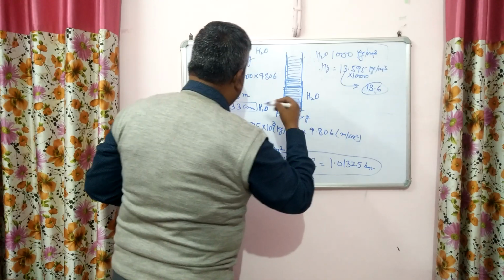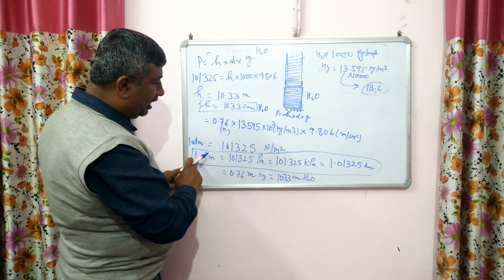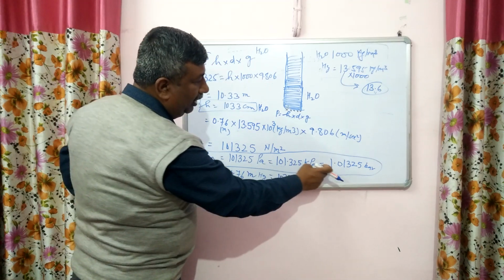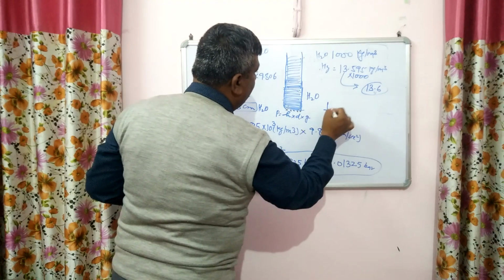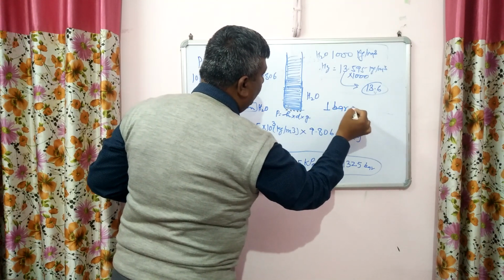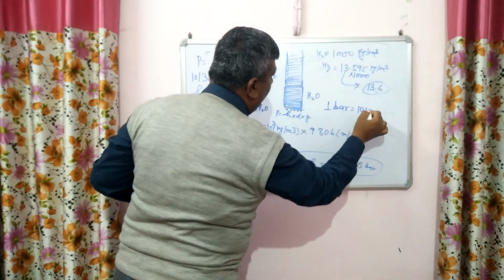But in case of bar, if we convert into bar, actually 1 atmosphere is equal to 1.01325 bar. So that's why for bar this height is different. For 1 bar it is about 1019 centimeter.